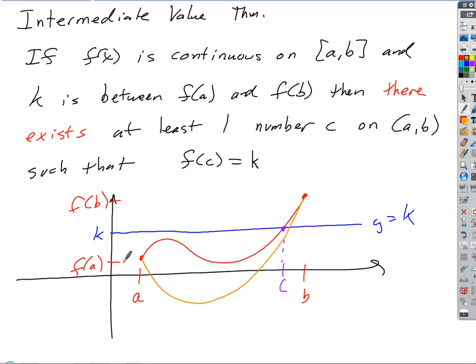And so k, if we say k is 50, that's a value between those functional values. And so this intermediate value theorem says, no, it's impossible. You have to go through every intermediate value at least once, right?